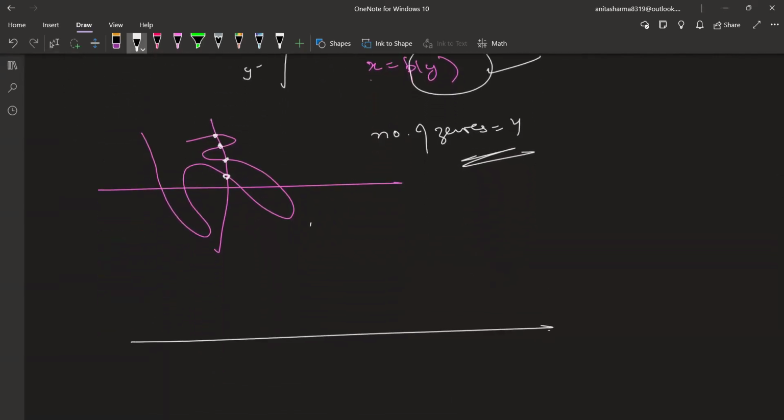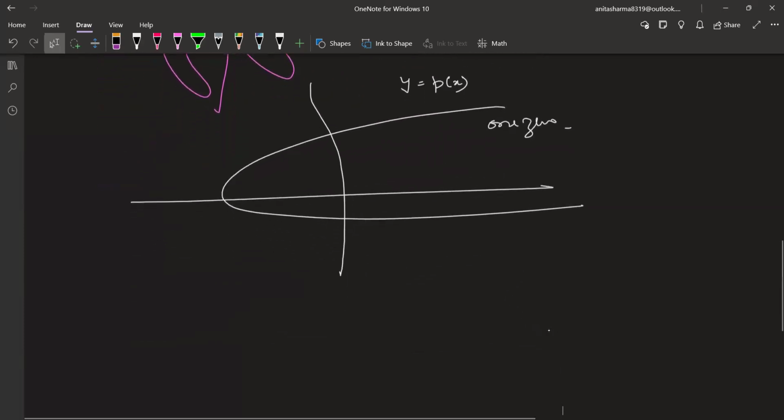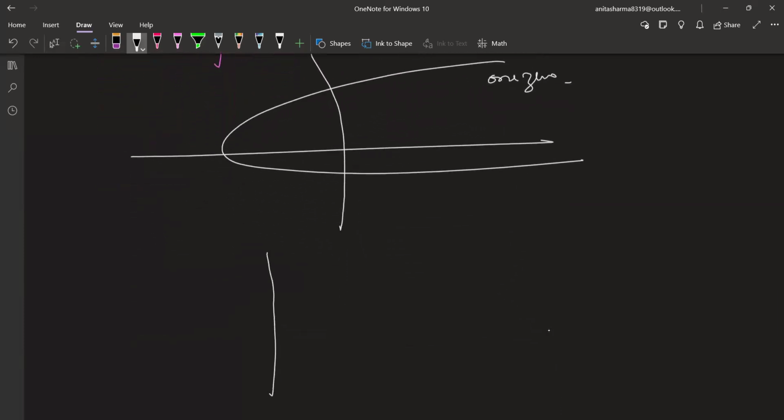Yes, Moksha. Please tell me the number of zeros when the function is y is equal to px. 1, ma'am. Yes, very good. 1. Rizwana, tell me the number of zeros. Ma'am, 0. Yes, 0, because it is not intersecting the x-axis.